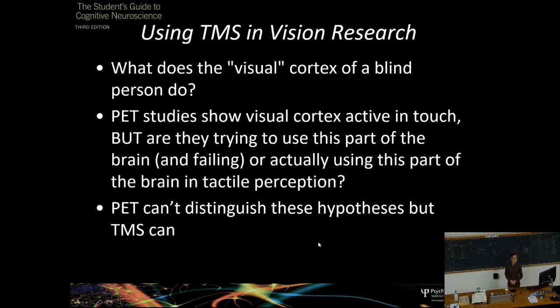So for instance, what does the visual cortex of a blind person do? If you imagine you're born blind or you go blind, what happens to the back of your brain that for most sighted people is visual? Functional imaging studies with PET and fMRI show that the back part of the brain, your visual cortex, is active when blind people process sounds and touch, for instance.